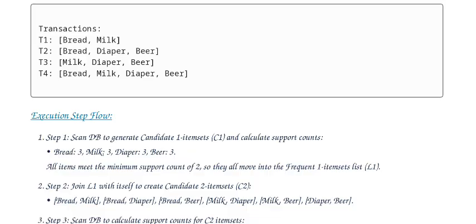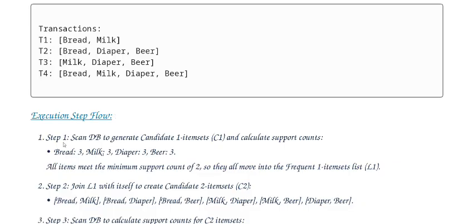In step 1, scan the database to generate the candidate 1-itemsets C1 and calculate the support counts. Here we have taken bread, milk, diaper, beer. Here are 4 transactions.